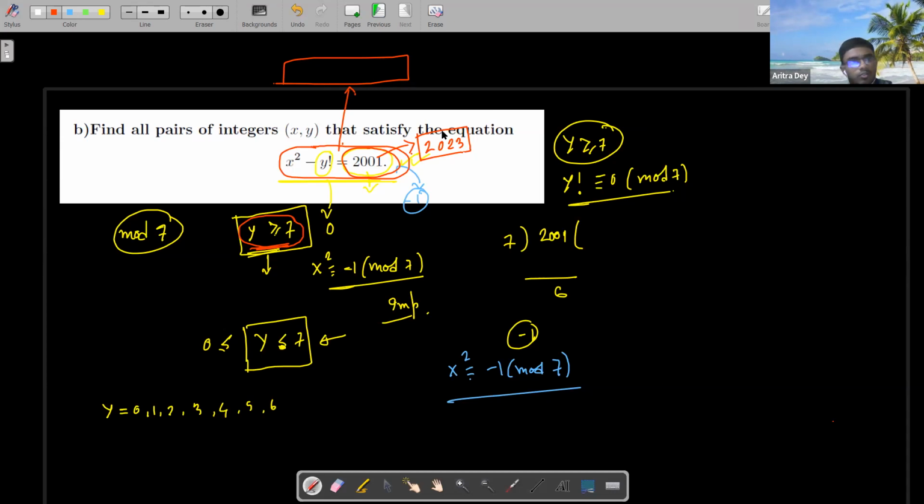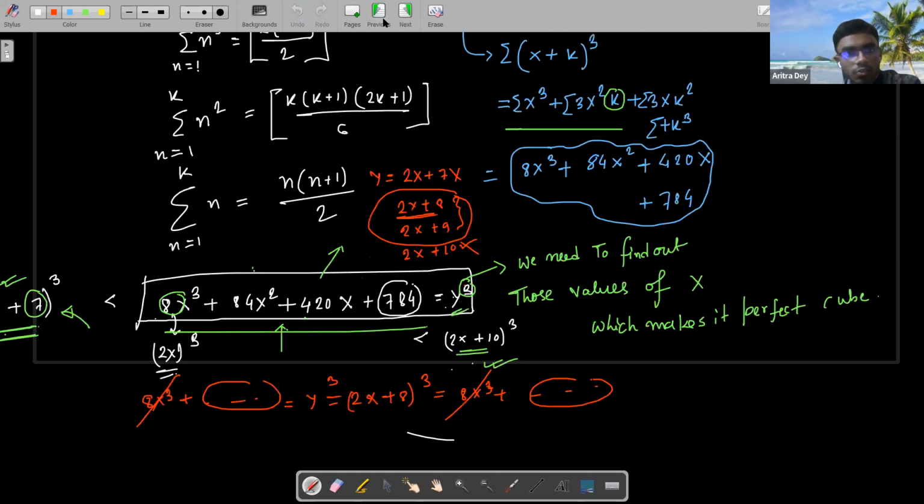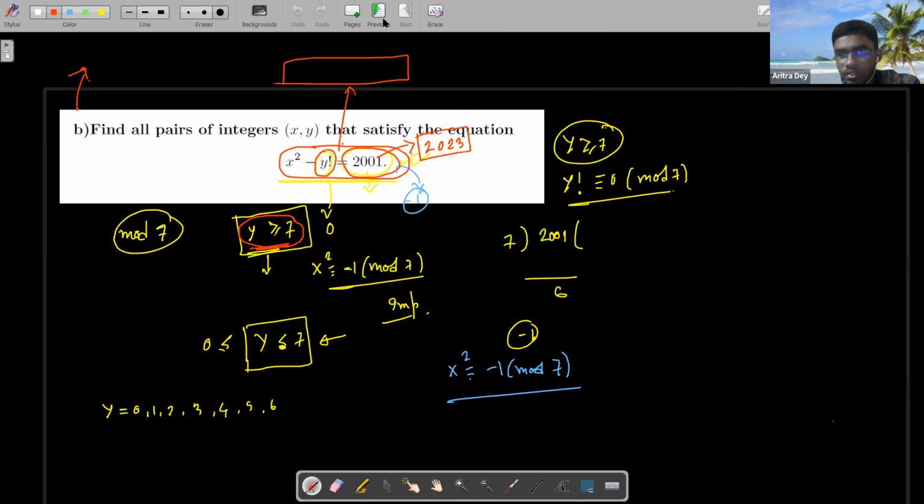Which solution? This one. Basically, I have assumed that y is greater than 7. In this type of problem, our goal is basically to construct a good bound, right? And to construct a good bound, I assume that y is greater than or equal to 7.